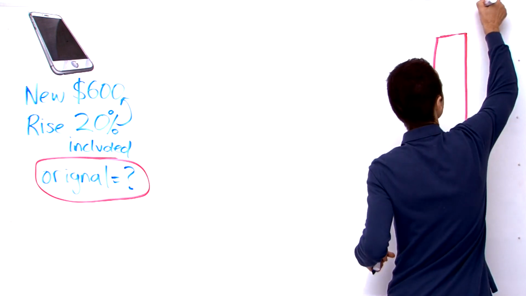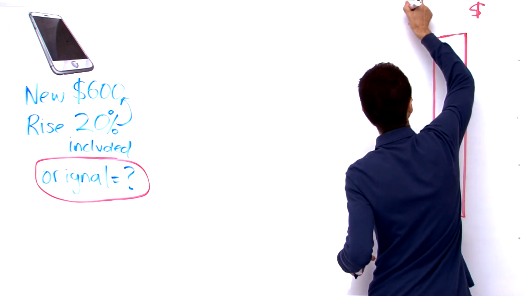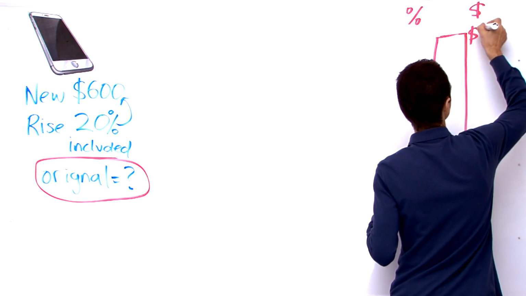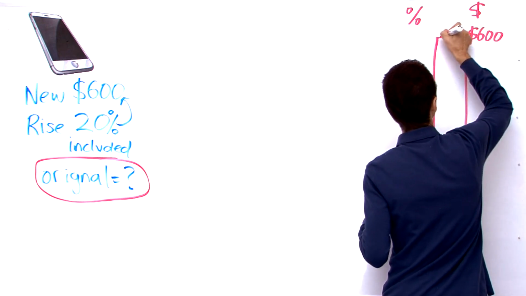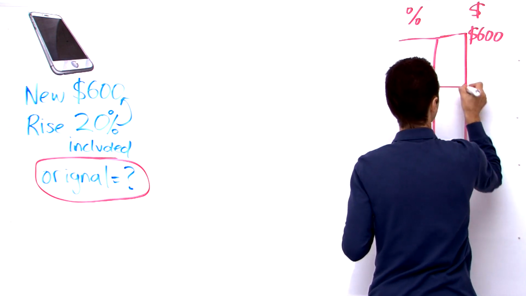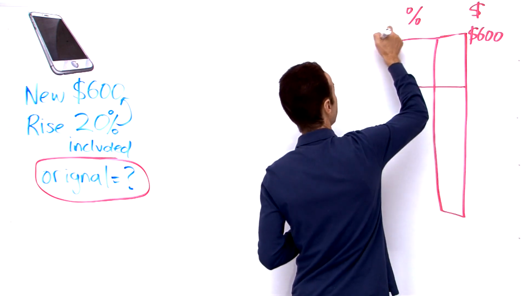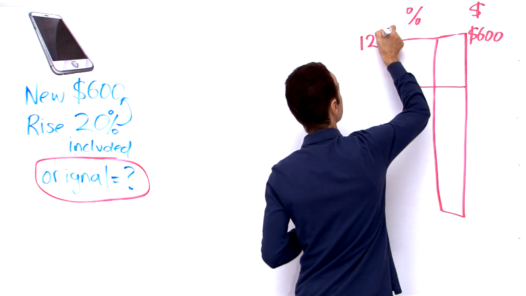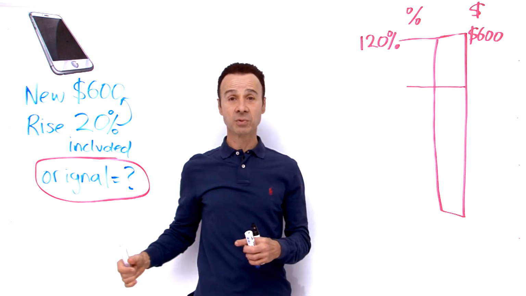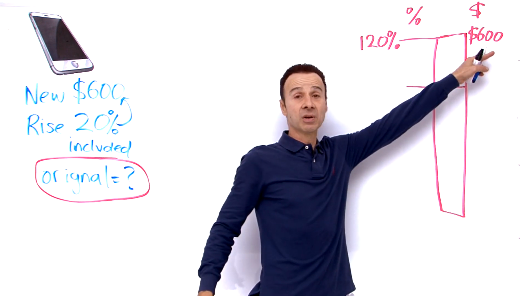So let's put dollars on this side and percentages on this side. The price here is $600, the full price, and that includes the 20%. So up here would be 120%. 120% of the price, which includes the 20%, is $600.